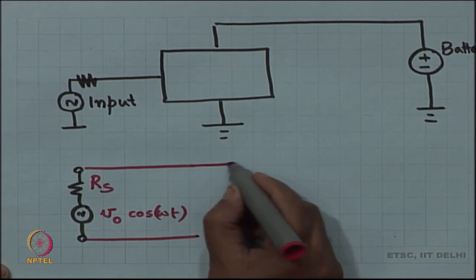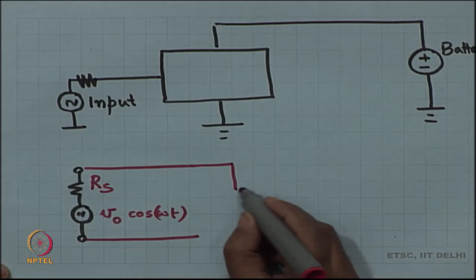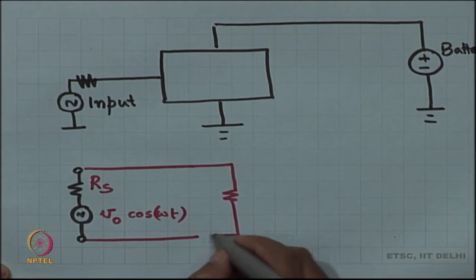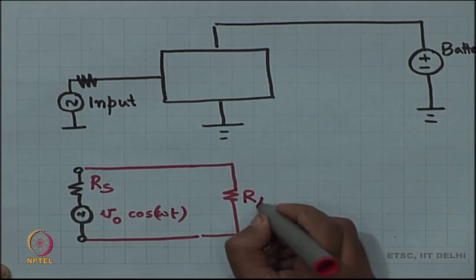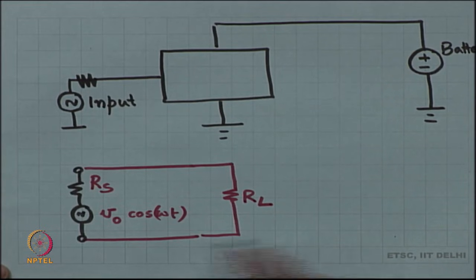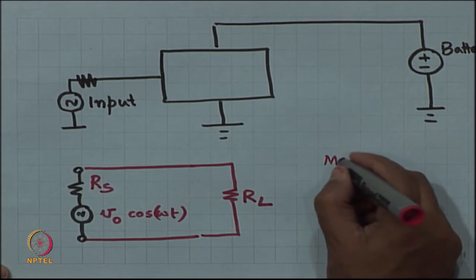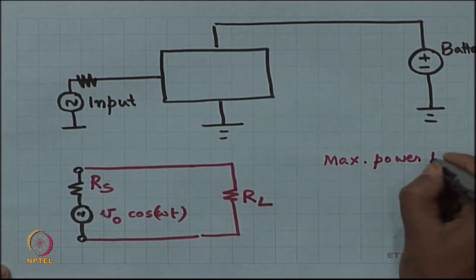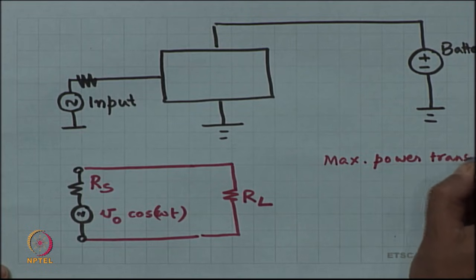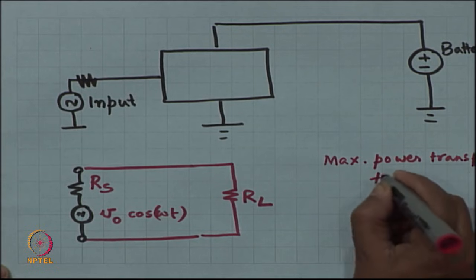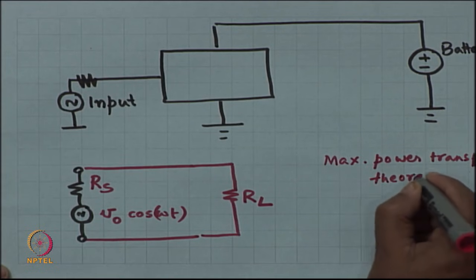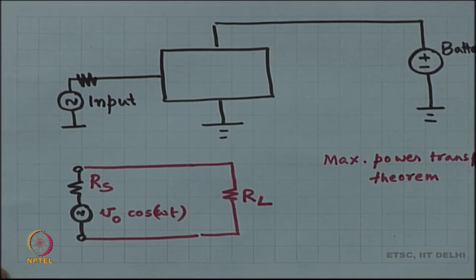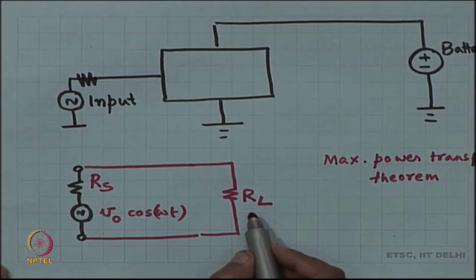So, the maximum power is drawn by a load. This is the maximum power transfer theorem. You know, this is recapitulation, right. So, maximum power is drawn by R L when R L is equal to R s.